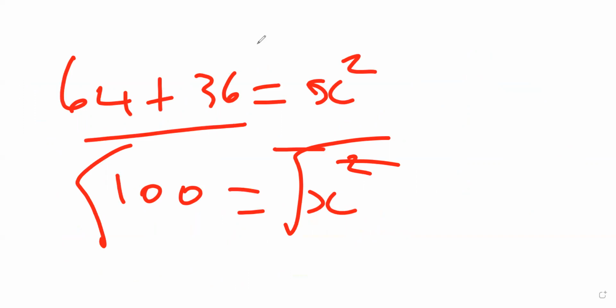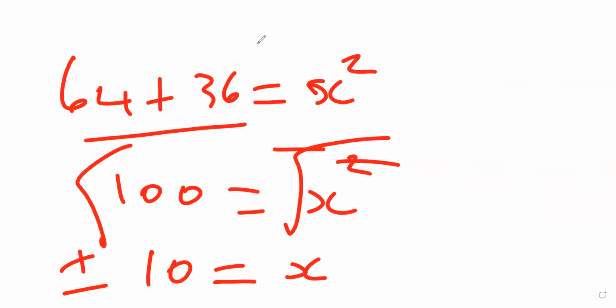So this square cancels that square root, and the square root of 100 is 10. We take the positive value because a square gives you two solutions, but normally we take the positive value of the square root answer, because when we're dealing with distance, we normally use a positive value.